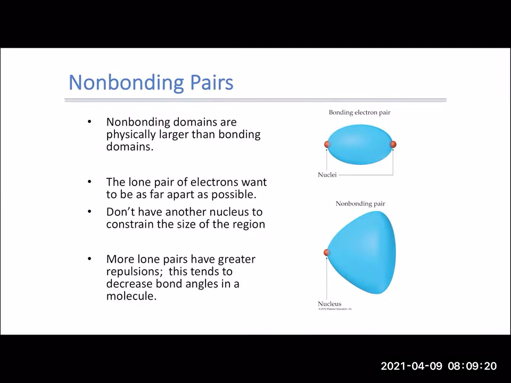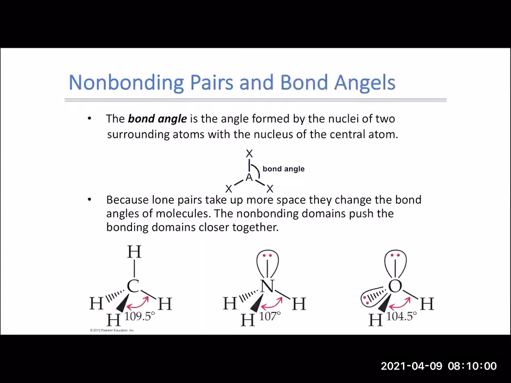And so looking at these non-bonding pairs, the non-bonding domains are always physically larger than the bonding domains. And that's because the electron pair always wants to be as far apart as possible, and they don't have another nucleus next to them to constrain their size. So most lone pairs have a greater repulsion, which tends to decrease the bonding angle in our molecule. And we can see this if we look at the bonds between the hydrogens in 3 different examples here.